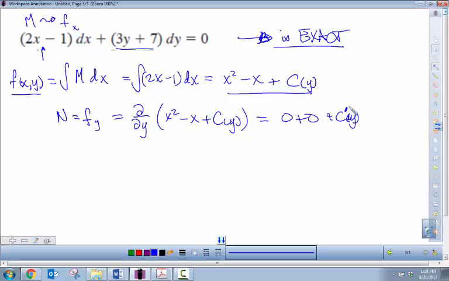And that's what n is equal to. So n is equal to c prime of y. Wait, what's n equal to? In our problem, n is equal to 3y plus 7, right?